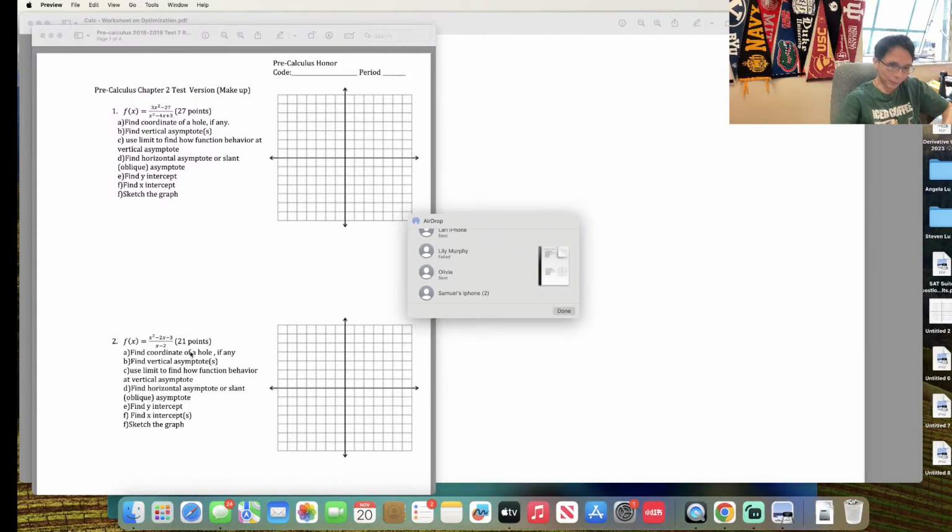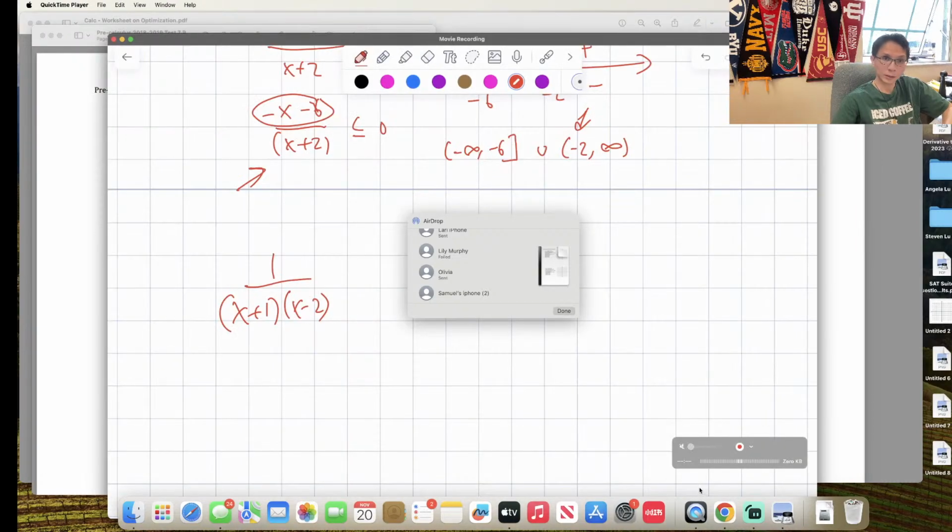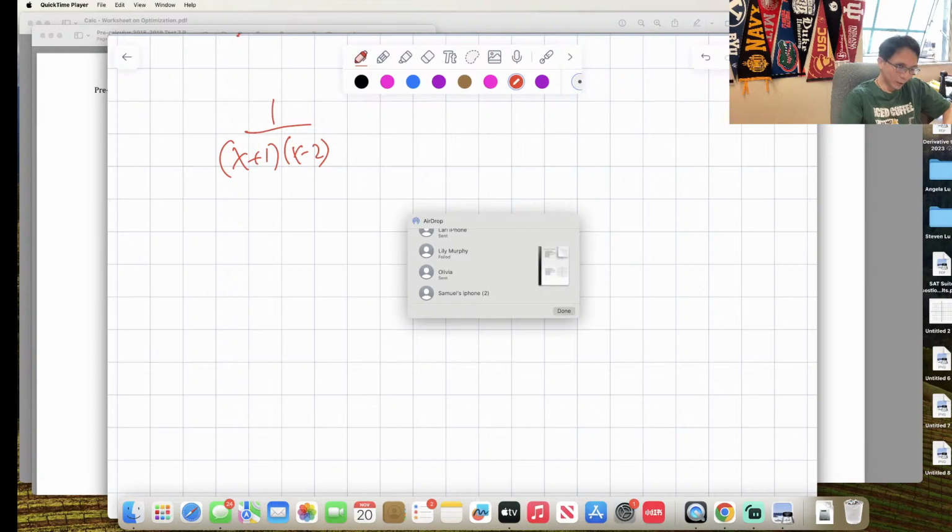For example, if you have 1 over (x plus 1)(x minus 2), I have an asymptote at x equal to -1 and x equal to 2, right? So let's say the limit as x approaches -1 from the left side.